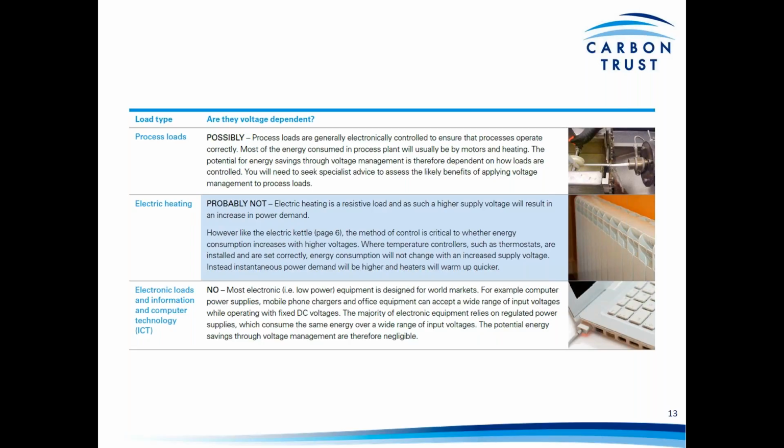And so the potential for energy saving through voltage management here is there. It's essentially dependent on how loads are actually being controlled. So again, we would suggest seeking some specialist advice just to assess the likely benefits of applying voltage management to any process loads.